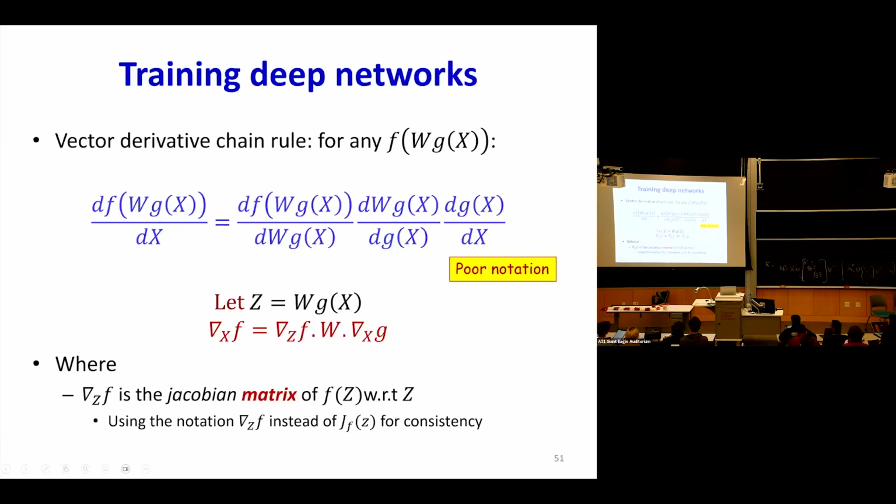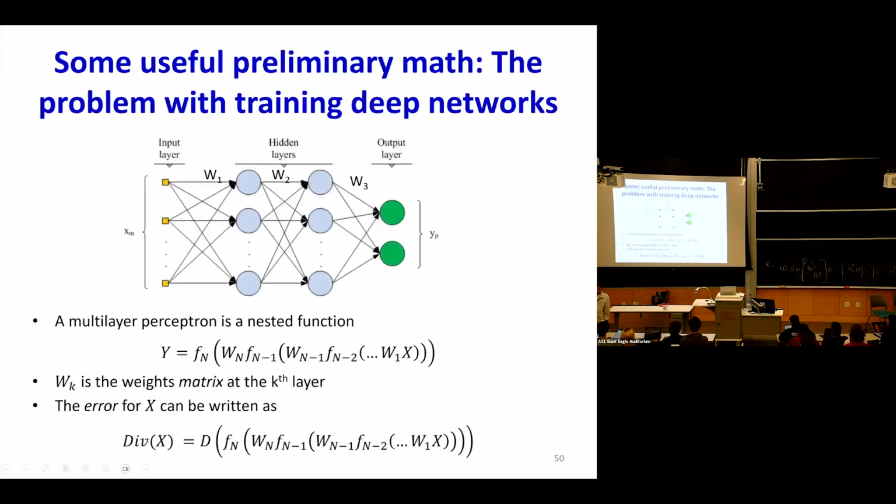Now, here's a vector derivative chain rule. I'm using horrible notation. I'm using the numerator denominator notation, so you'll have to pardon me for it. The reason I'm talking about this is observe that the network output is a function of a weight times a function, right?